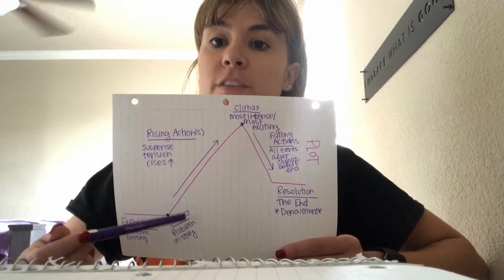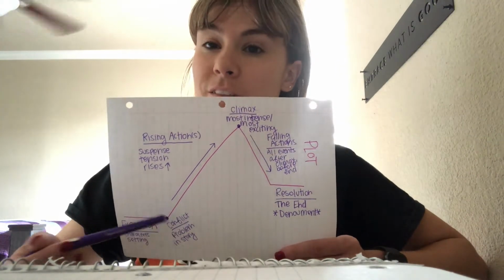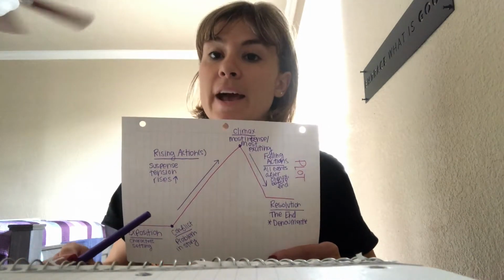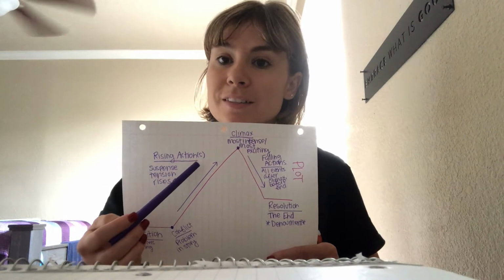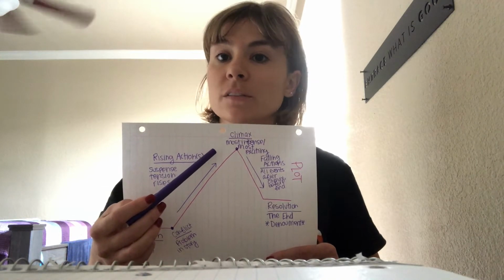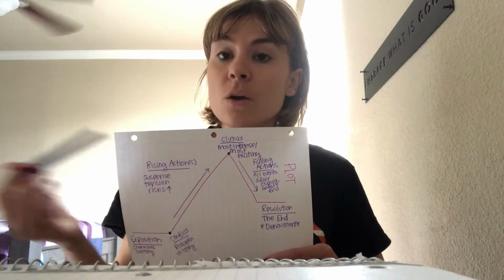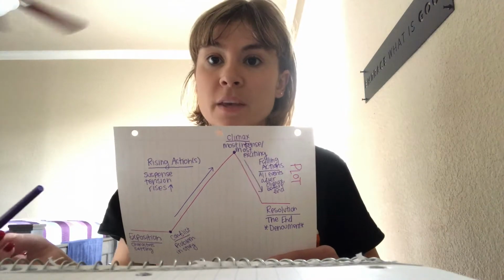We have our conflict, which gets us into the story and makes us continue to read. It's the problem. We want to know, how are they going to solve this problem? And as they solve the problem, characters make decisions, incidents happen, and rising actions are leading us to the most intense part of the story where the climax happens. And that's the most intense, most exciting part.